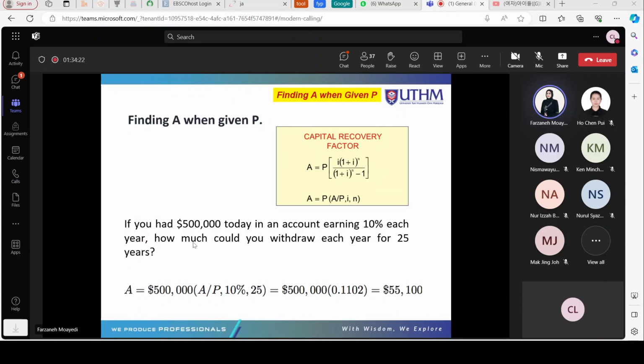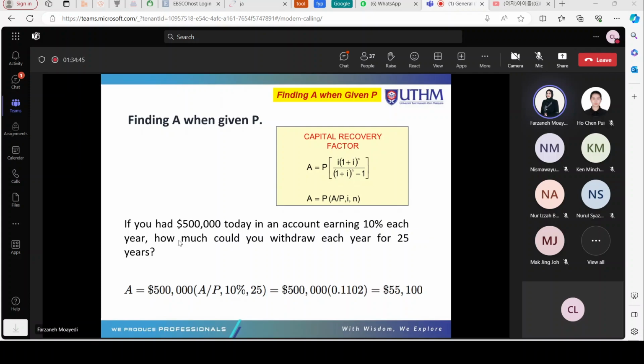So P equals 500,000. The earning account is 10%, I equals 10%. How much could you withdraw after 25 years? So 25 is going to be the duration, which is N. So A is missing.